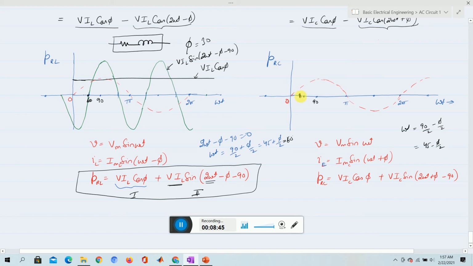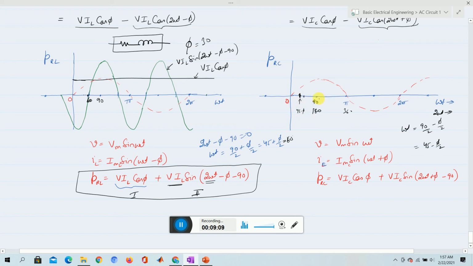Let us make a scaling here, thinking that 0 and 90 degrees become 0 and 180 degrees, because on the 2 omega t scale this will be 180 degrees and this will be 360 degrees. Accordingly, let us put a line everywhere. This angle is 45 degrees minus phi.